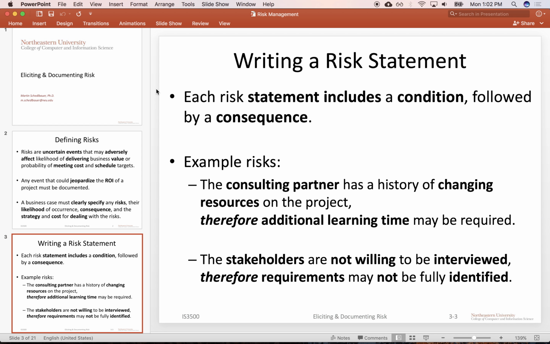So we need to create a risk assessment statement that states what the various conditions are and what the possible consequences might be. So here's just a couple of them. It might be that we have the consulting partner or the design firm that we're choosing.